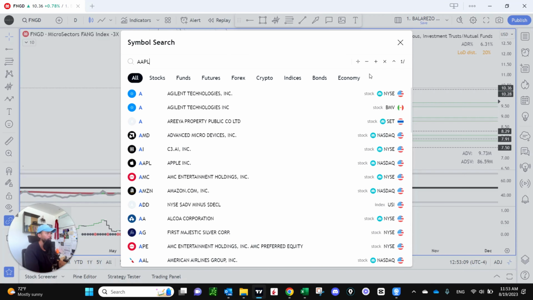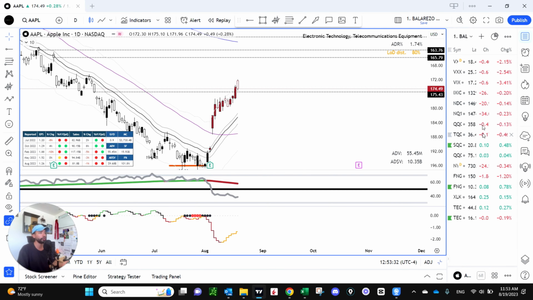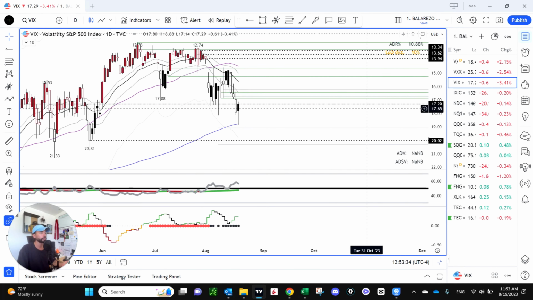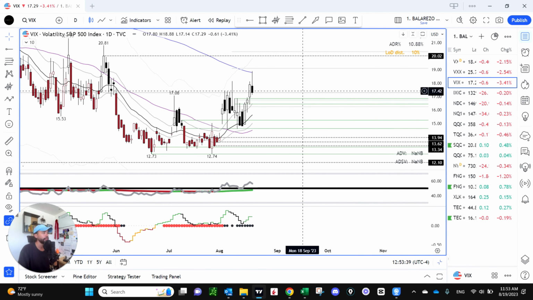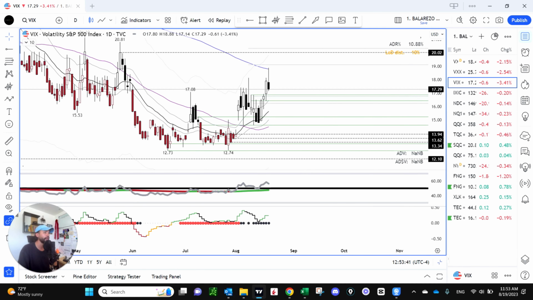And even if we take a quick look at the VIX, and let me just take out the inverse ETF. You can see right now, and we can make the argument that the VIX is hitting resistance right here at the 200 daily moving average, but still, the VIX is trading above the 21 EMA wave, above some short-term level of structure.